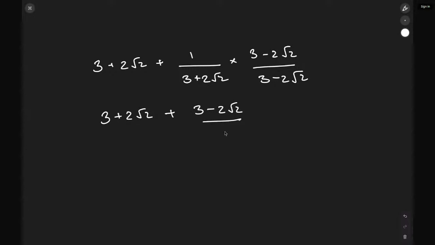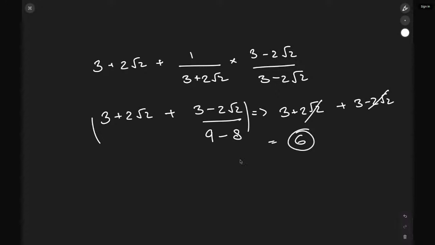In the denominator, a square minus b square, 9 minus 8, gives 1. So this whole term gives 3 plus 2 under root 2 plus 3 minus 2 under root 2, so it will be 6. Now a plus 1 upon a is equal to 6.